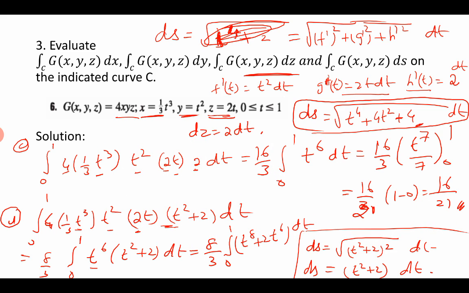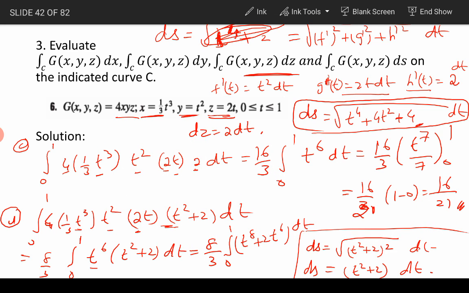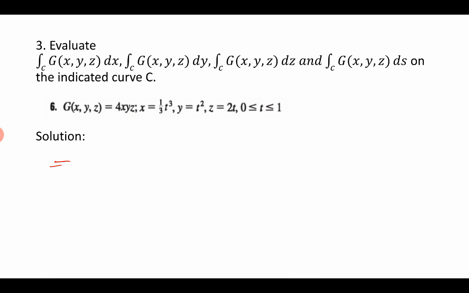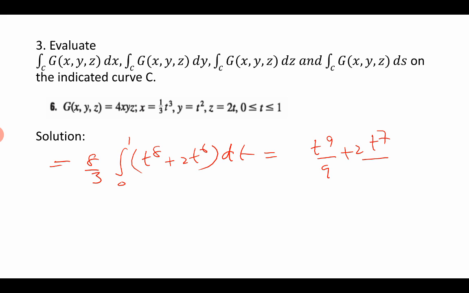I will do one thing, I erase this page. So the integration 8 over 3 integral 0 to 1 of t to the power 8 plus 2 t to the power 6 dt can be written as t power 9 over 9 plus 2 t power 7 over 7 from 0 to 1.